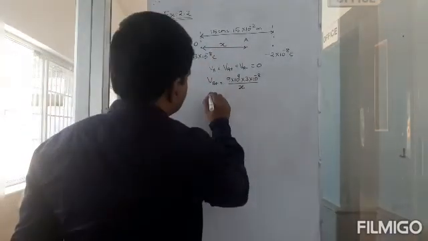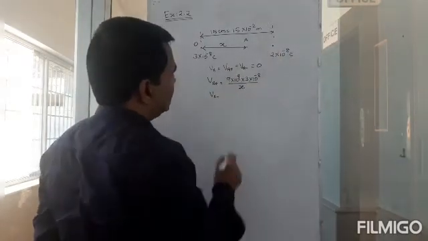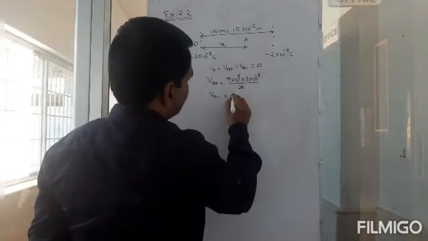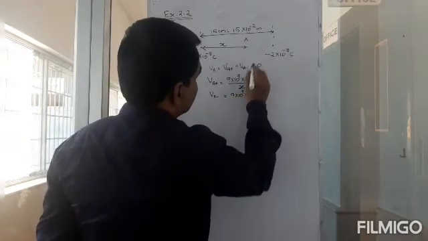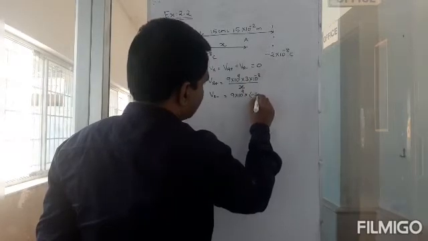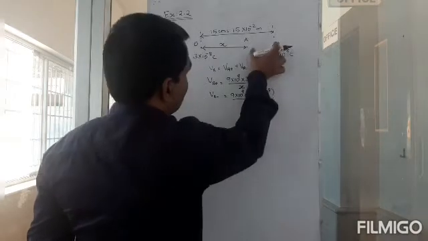Then what is VA minus? Potential at A due to the negative charge. That is going to be equal to say 9 into 10 to the power 9 into, now you've got minus 2 into 10 power minus 8 by, what is this distance?